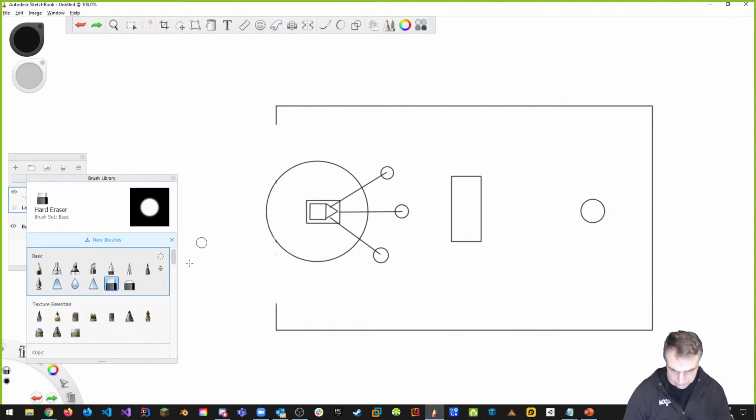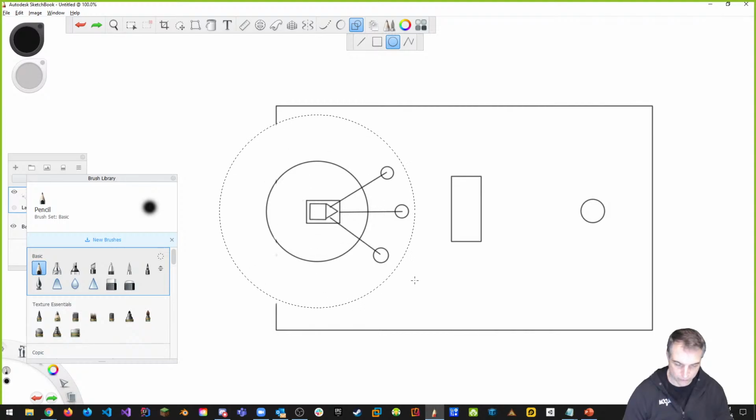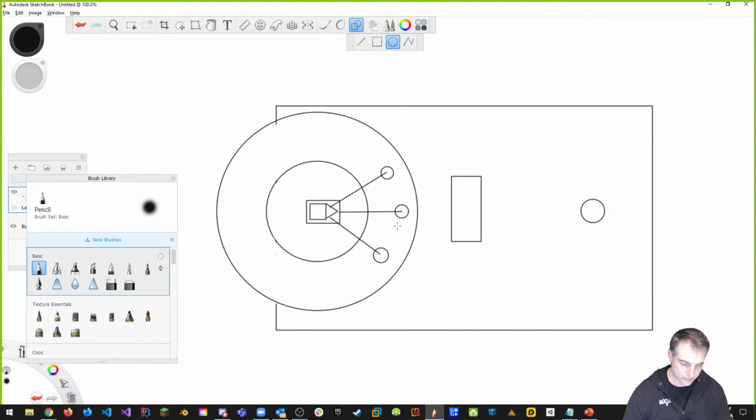So again, let's go back to the pencil, and let's also go to the circle. And let's suppose that I have an outer circle. Ooh, that's an ugly pencil too. Let's go to that pencil. And let's go to an outer circle that's way out here where I start decelerating.